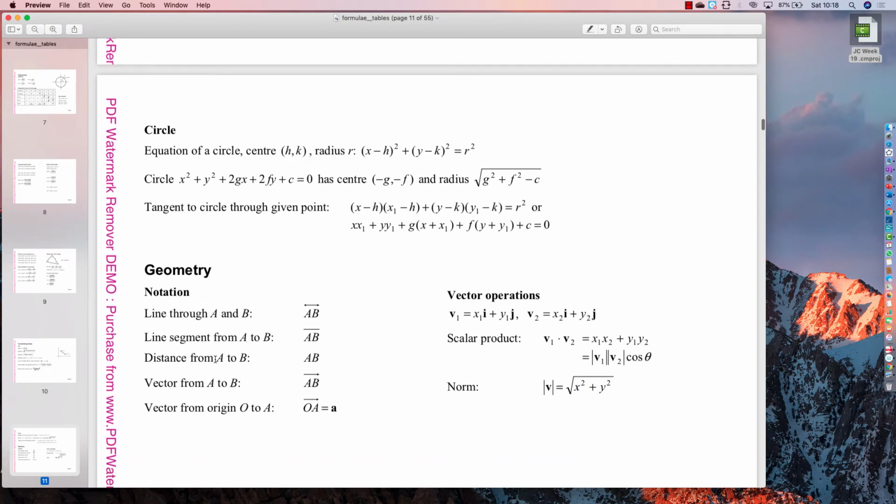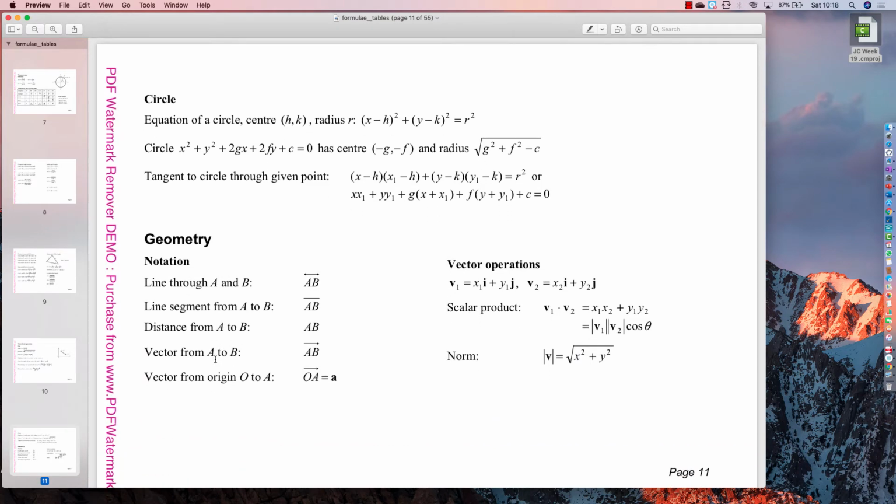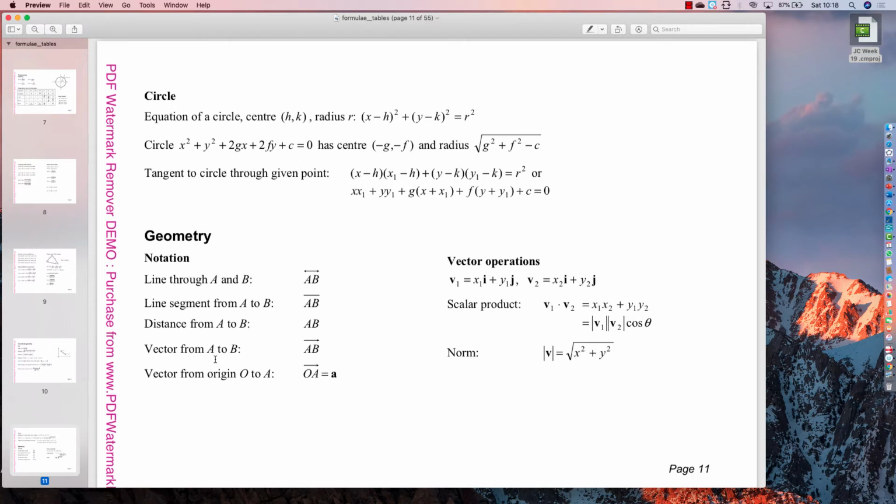Yeah, it carries on from there too. C is equal to 0.